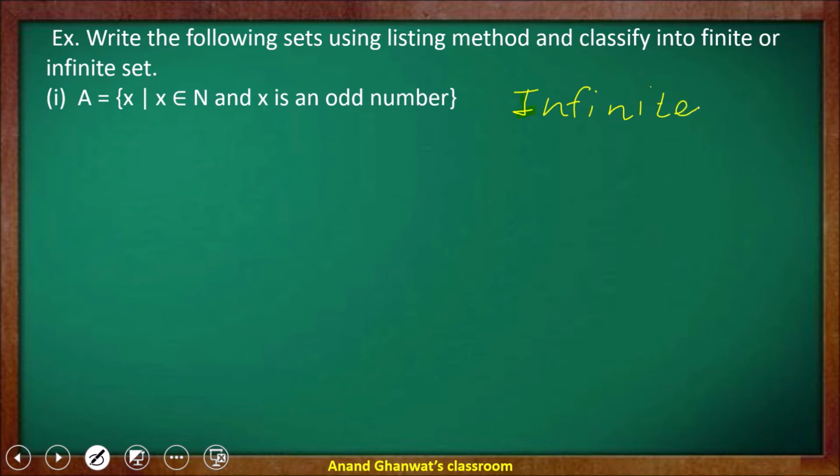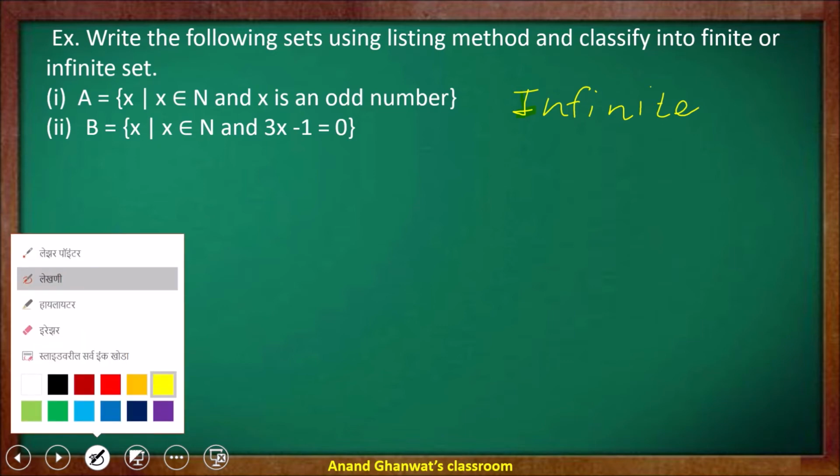Now another example. Set B is the set of all x such that x belongs to N and 3x minus 1 is equal to 0.